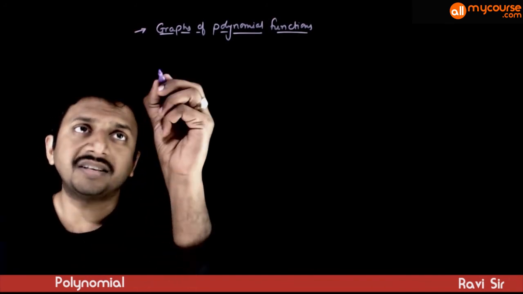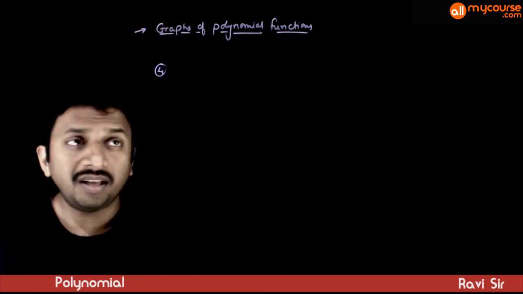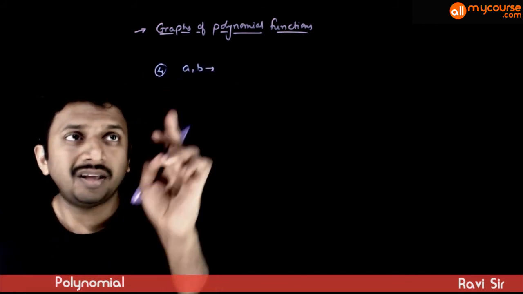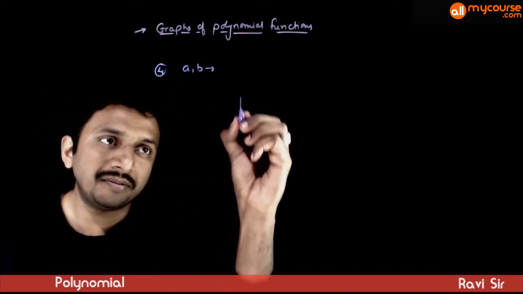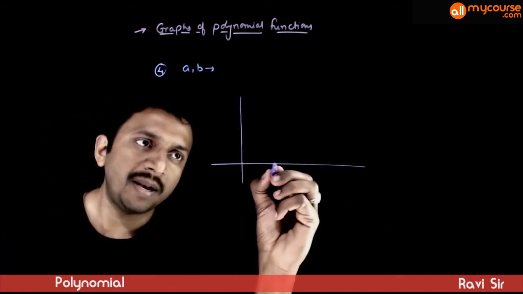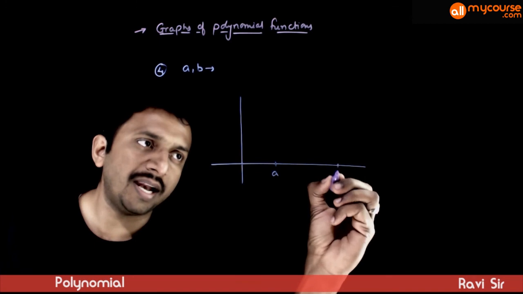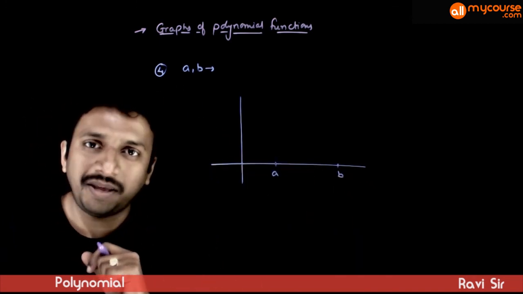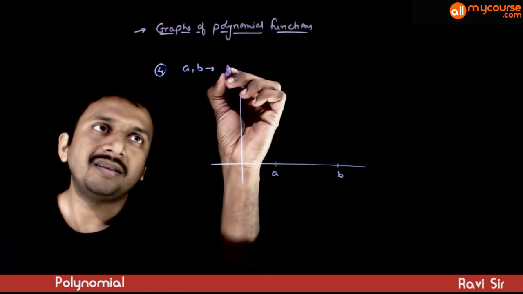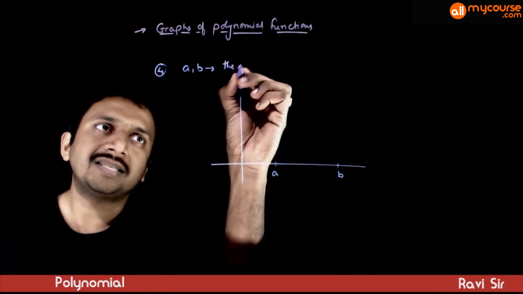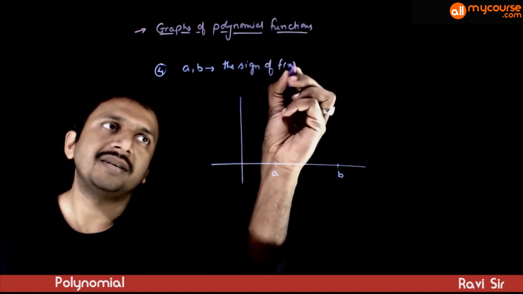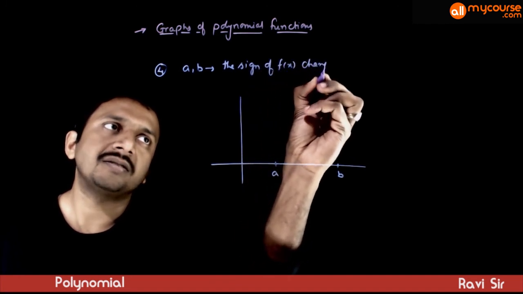Next property is that if at 2 points A and B, let this be the point A, let this be point B, the sign of f of x changes.